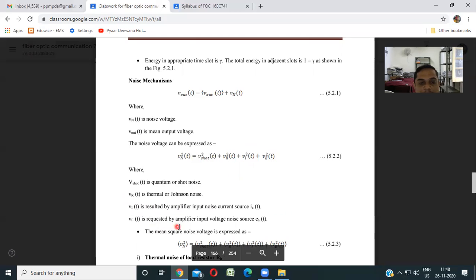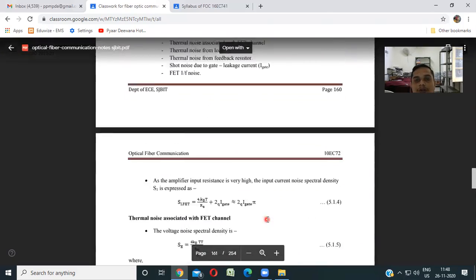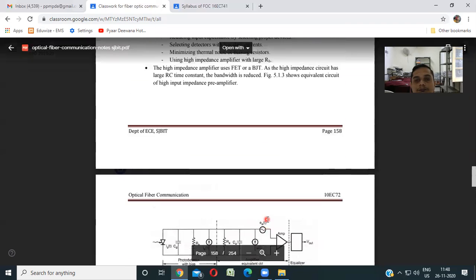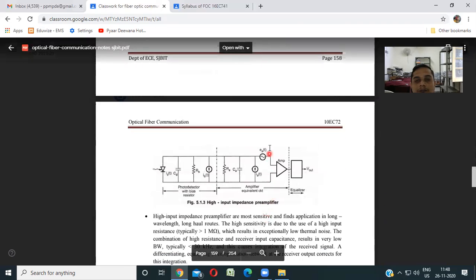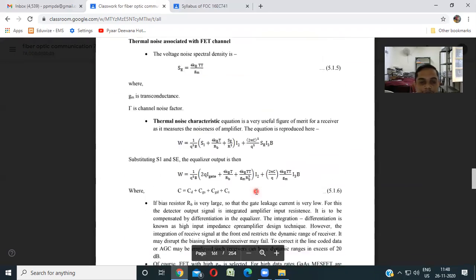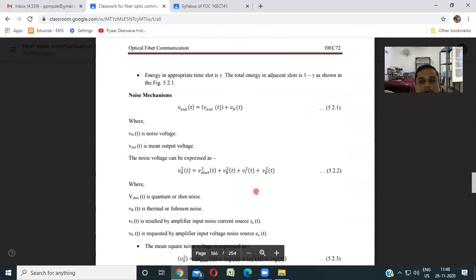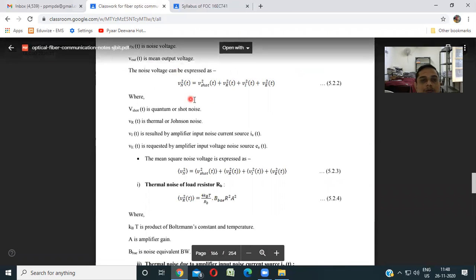Then we have the VE, resulting from the amplifier input voltage EA of t. Here you can refer to this figure, EA of t. Because of this EA of t, we are getting that voltage. So this is the total noise voltage of an optical receiver.